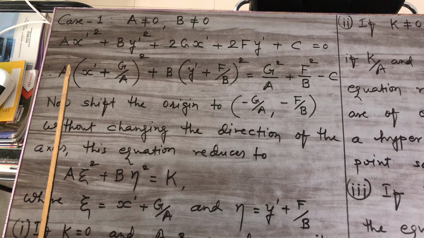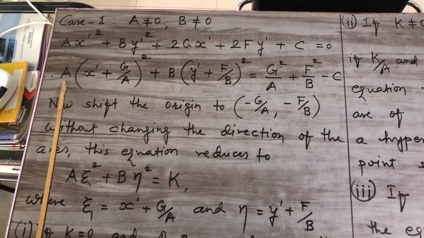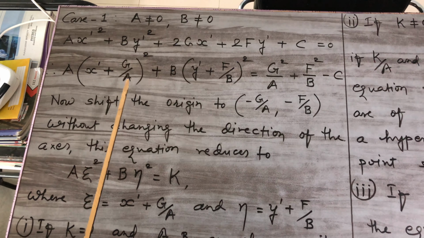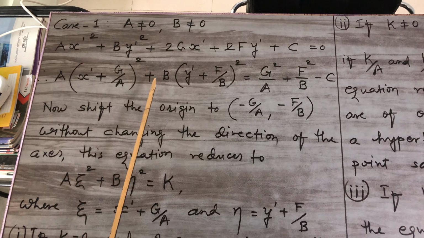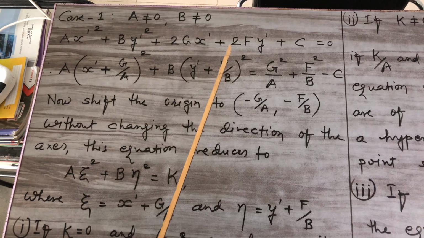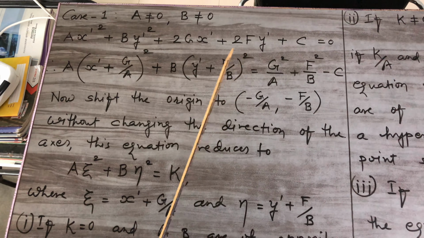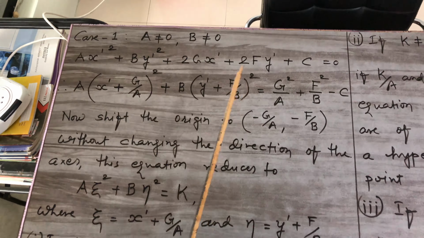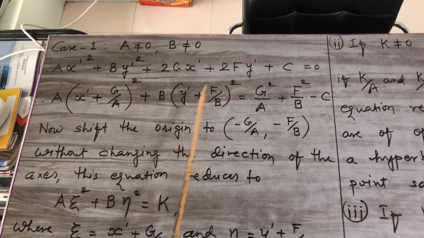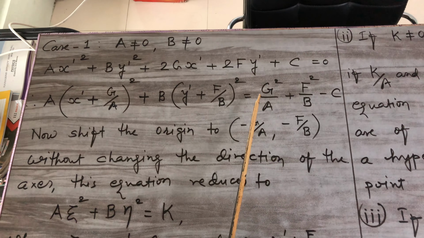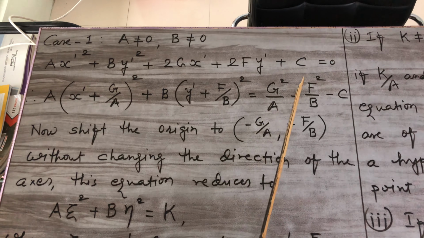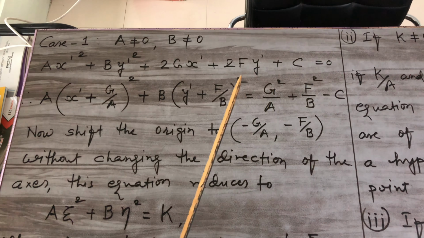So readjusting and making perfect squares, we get a(x' + g/a)² + b(y' + f/b)². So we have to add some certain term to both the sides. So here g²/a + f²/b − c.